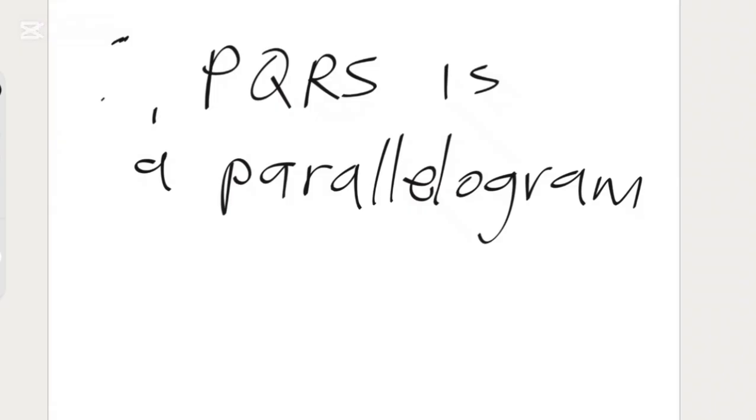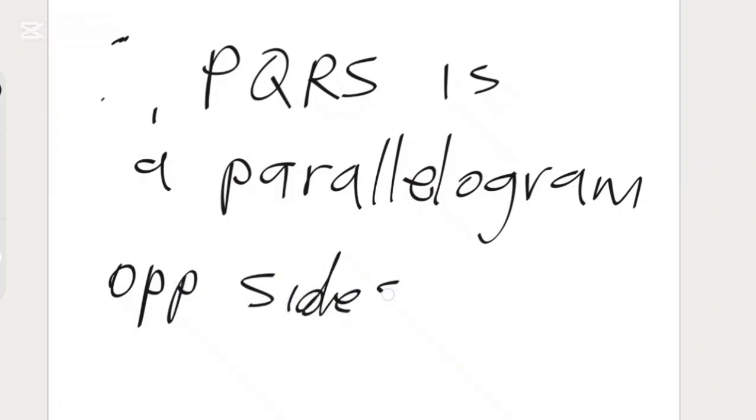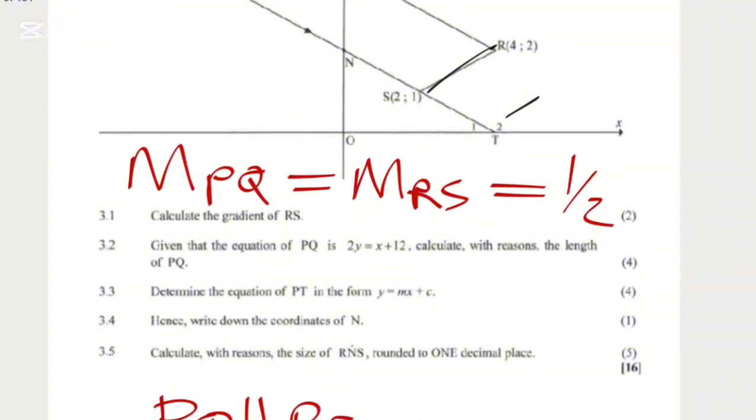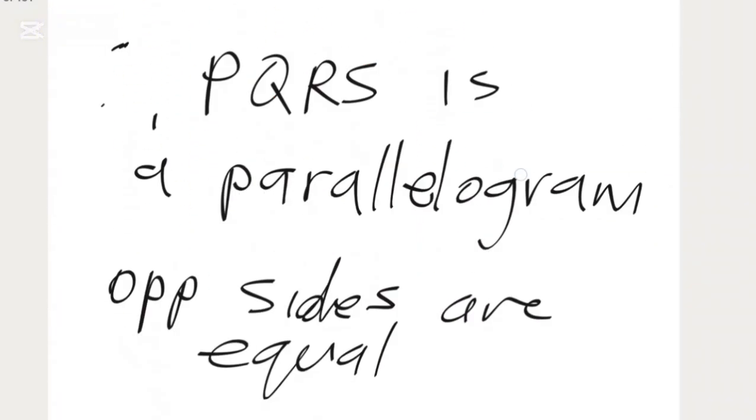So when it is a parallelogram, opposite sides are equal. You have to write that thing down. Opposite sides are equal. Right, then you will calculate PQ using RS because these sides are equal. Therefore, PQ is equal to RS.